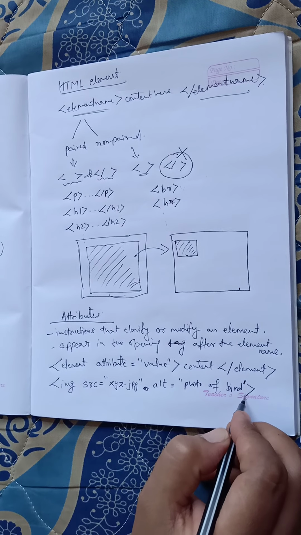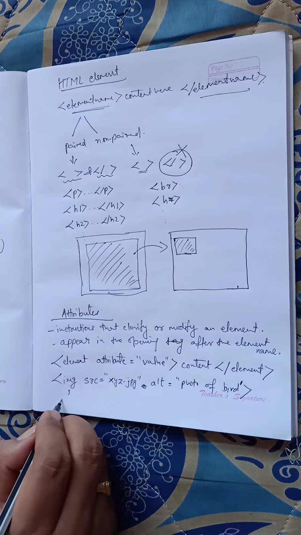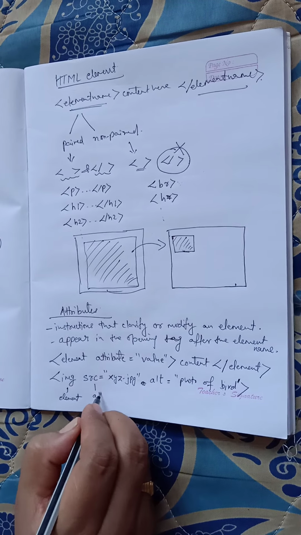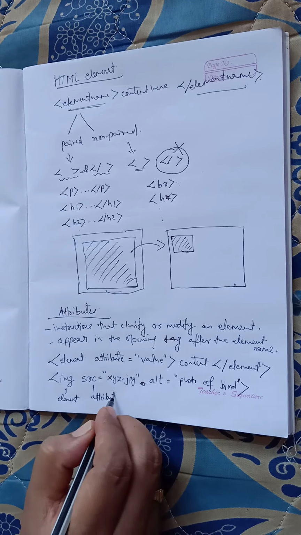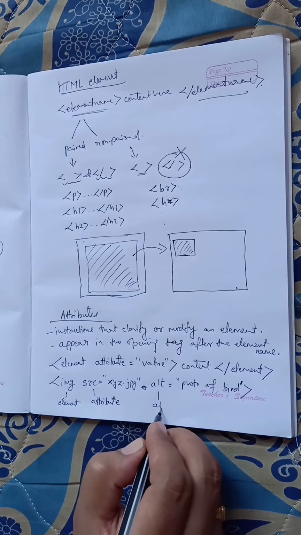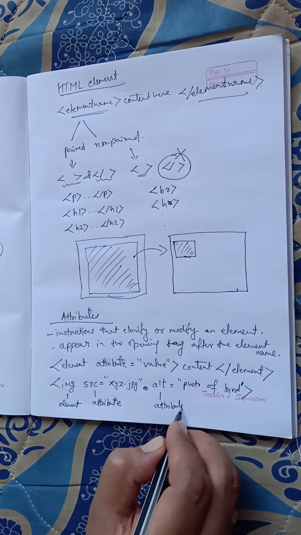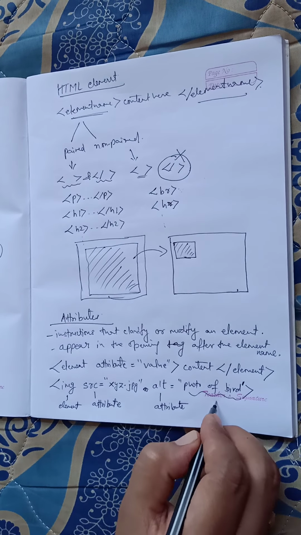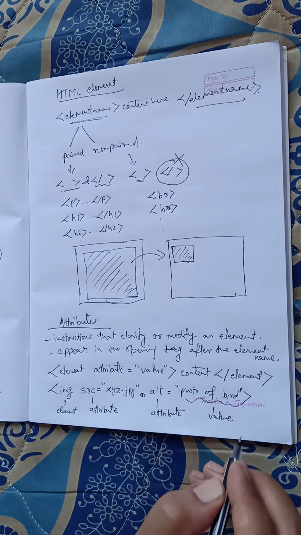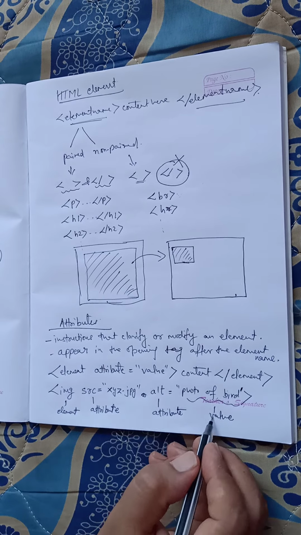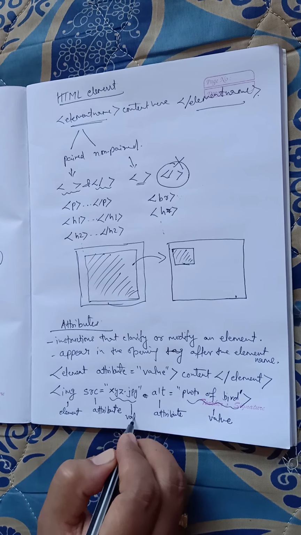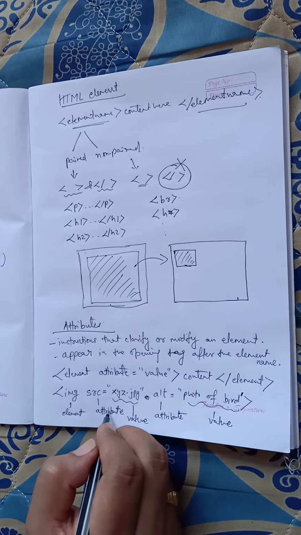So now this is my element, this is my attribute, this also is my attribute, this is the value for this attribute, and similarly, this one is the value for this attribute.